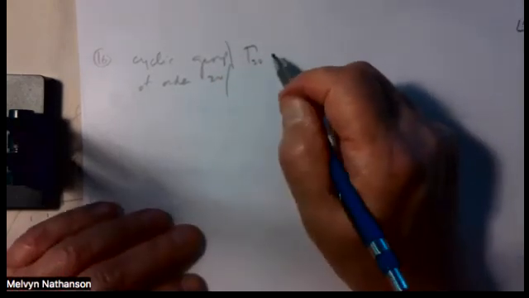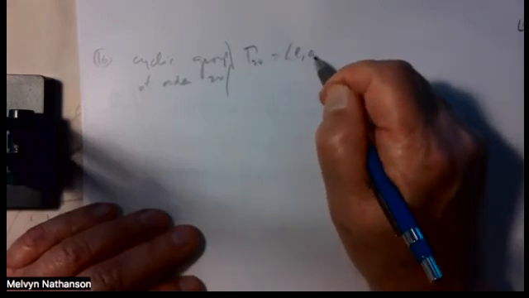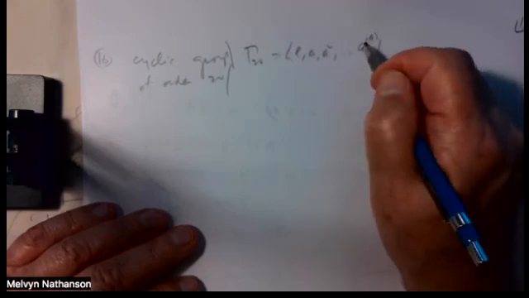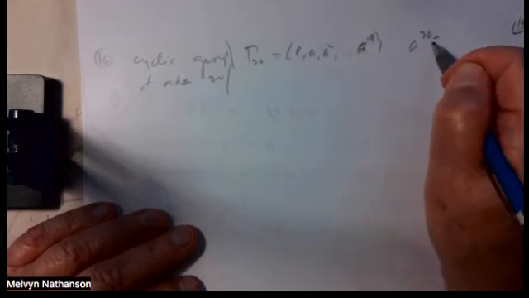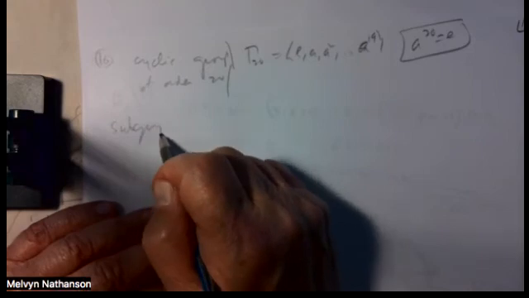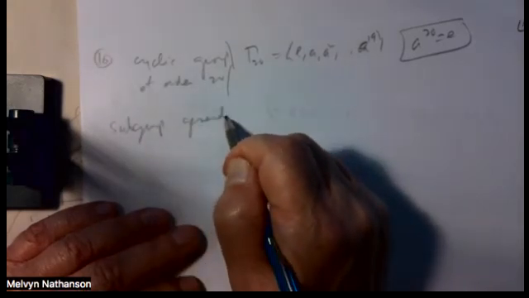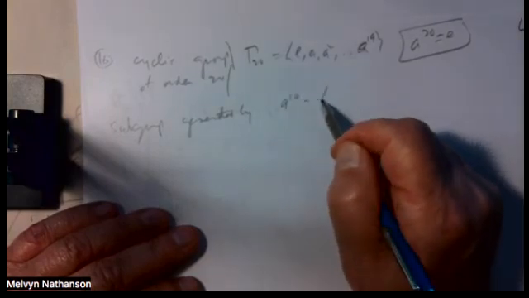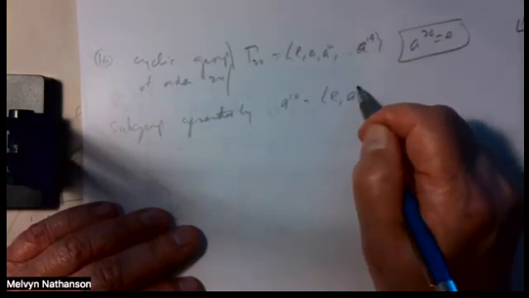The elements are a, a squared, all the powers of a up to a to the 19th, and a to the 20th equals the identity. The subgroup generated by a to the 10th consists of just e and a to the 10th.